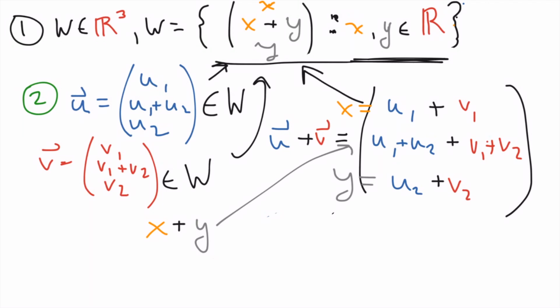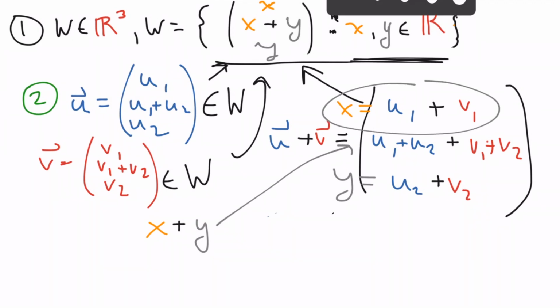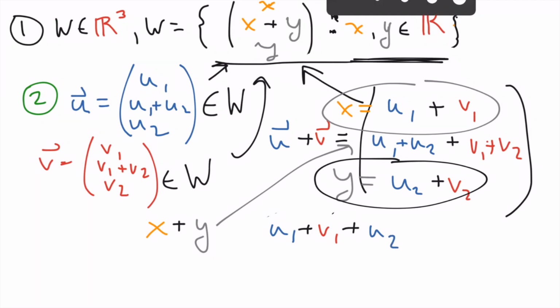Okay? So let's take our x and let's take our y and add them together. Our x is simply going to be equal to this. So let's take U1 plus V1. And then y is equal to this. So we'll take U2 plus V2.